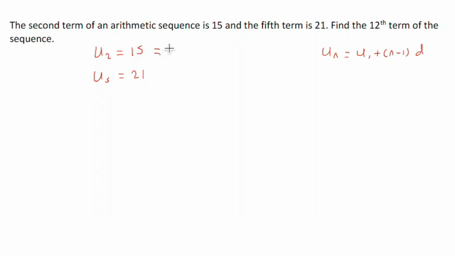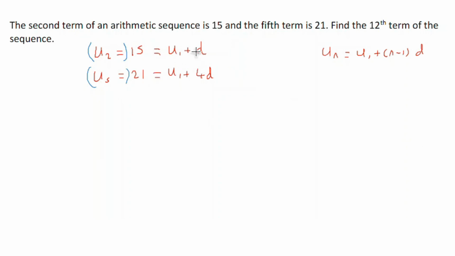So that means 15 must be equal to u1 plus 2 minus 1, which is 1, d. And similarly, u5, 21, is equal to u1 plus 4d. And actually what we see at this point is that these bits are not actually needed.